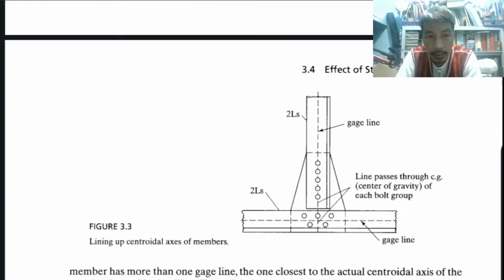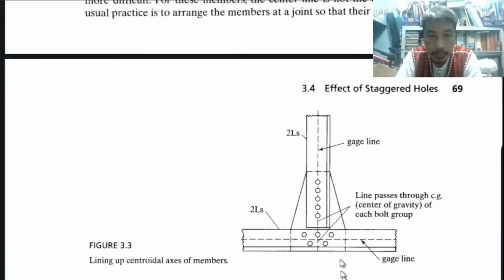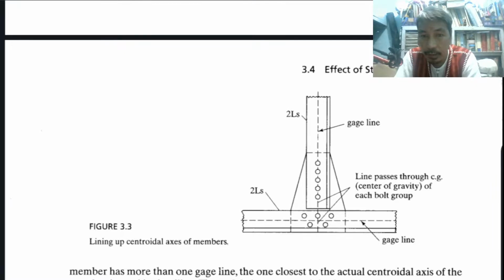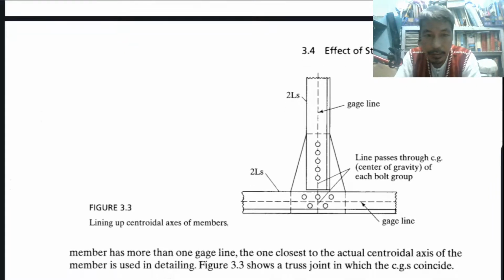So let us take a look at this. Lining up centroidal axis of members. So centroidal axis.